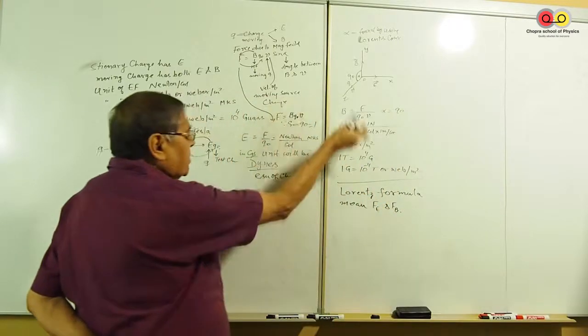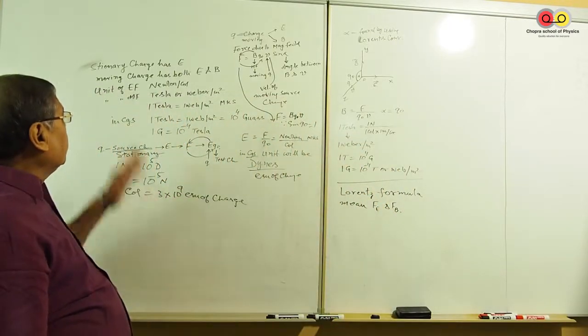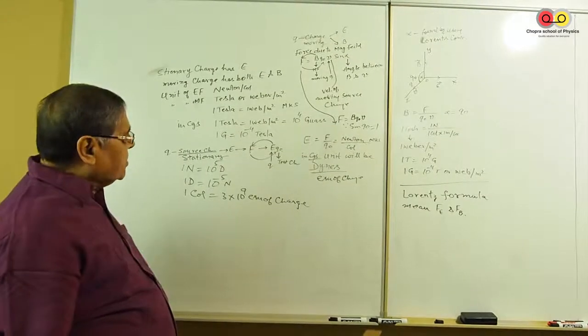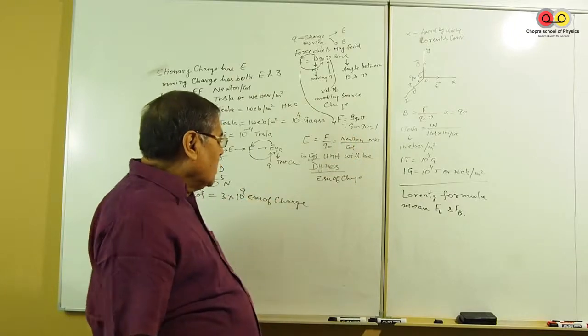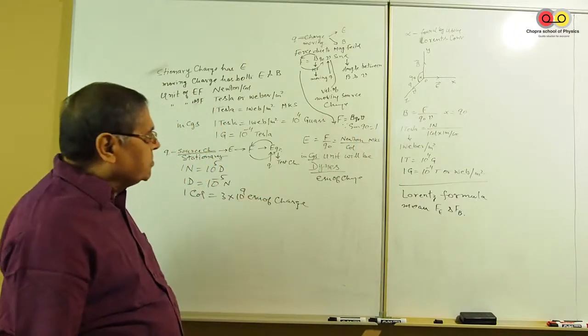And these forces I have already explained you. Their units are clear to you. And the unit for force due to electric field, that is Newton per Coulomb, or it will be dyne per SU of charge. Thank you.